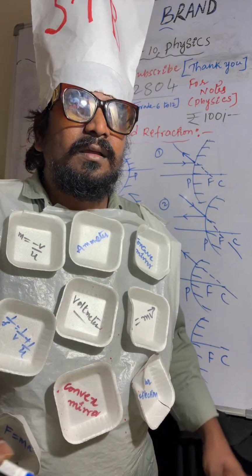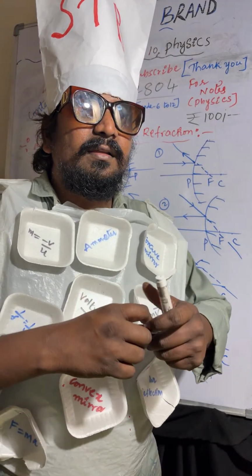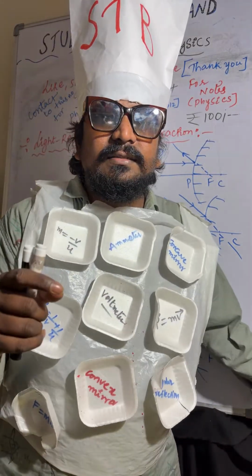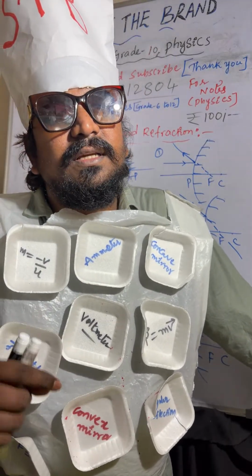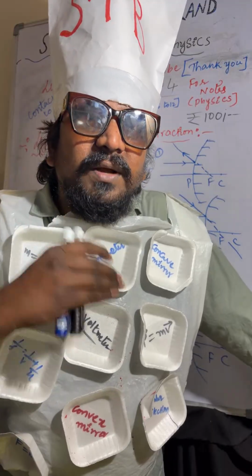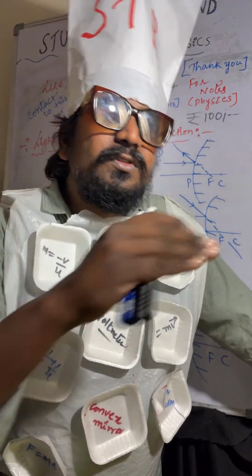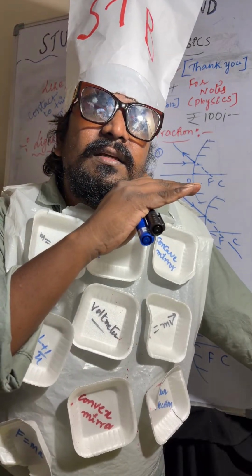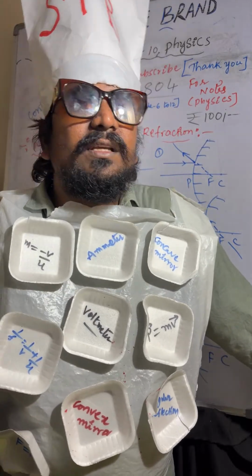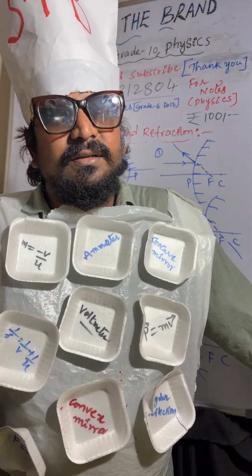Right from the start: a light ray coming from infinity, after reflection passes through focus. Second, a light ray passing through focus, after reflection moves towards infinity. Third, a light ray passing through center of curvature retraces its original path.